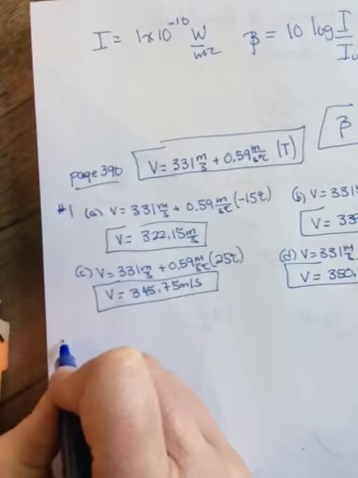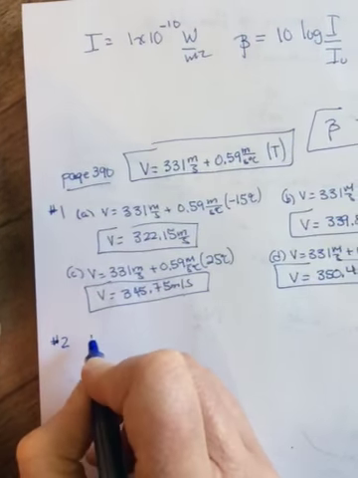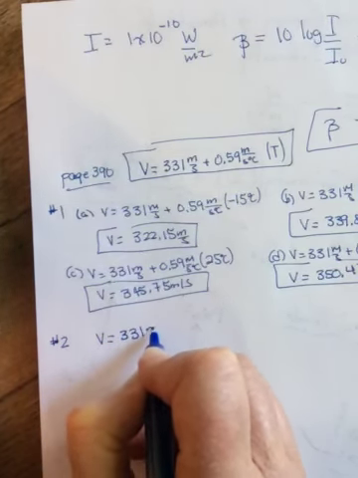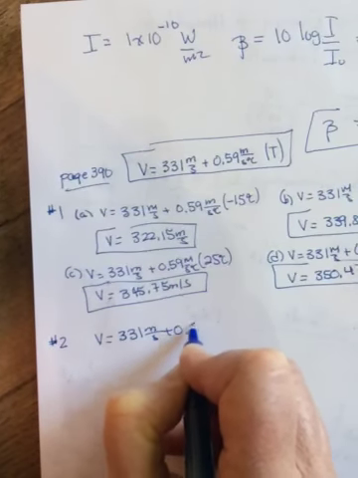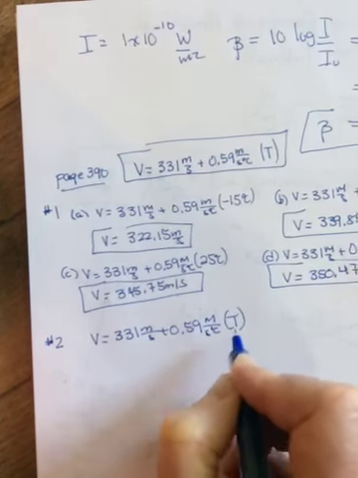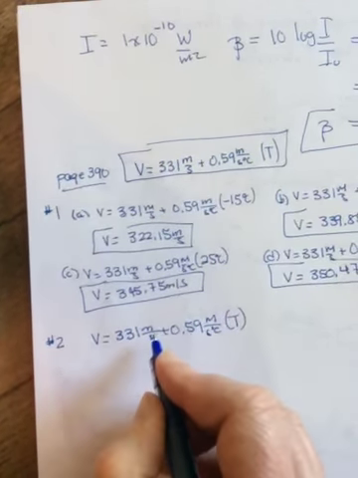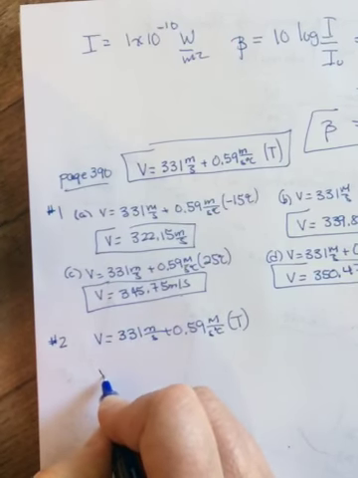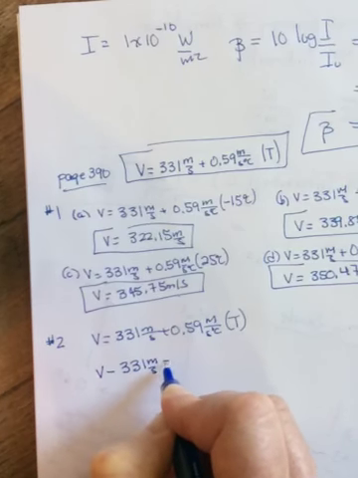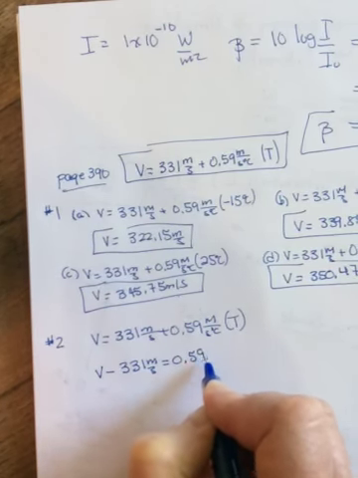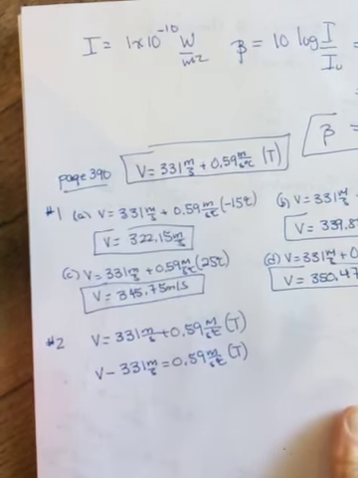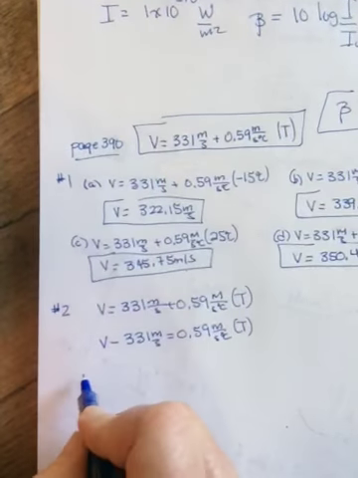Now number two is similar, except this time it wants you to find the temperature. So it gives us V, so we have V equals 331 meters per second plus 0.59 meters per second degrees Celsius times T, and we need to solve for T. So the first step is going to be to get rid of the 331. So V minus 331 meters per second will equal 0.59 meters per second degrees Celsius times T. And now to get the T by itself, you have to divide by the 0.59.